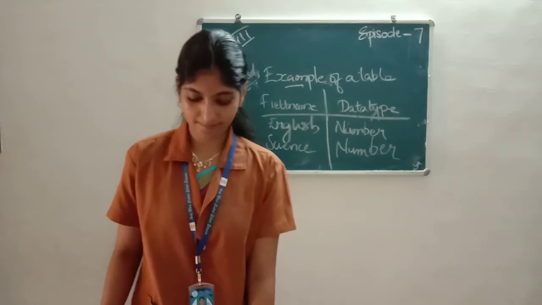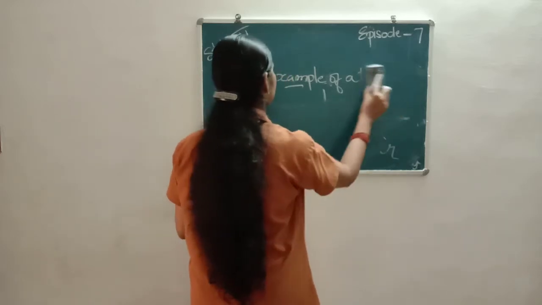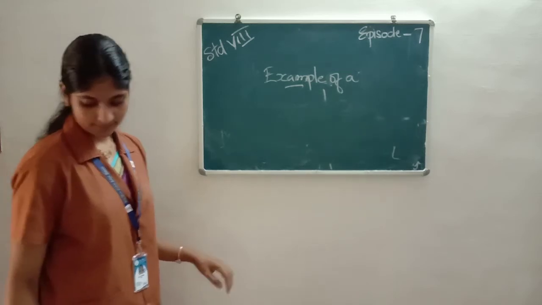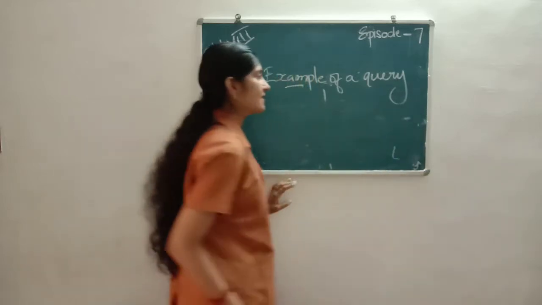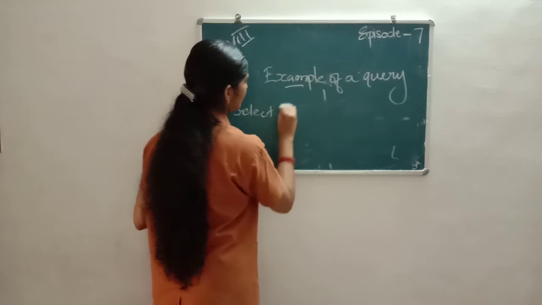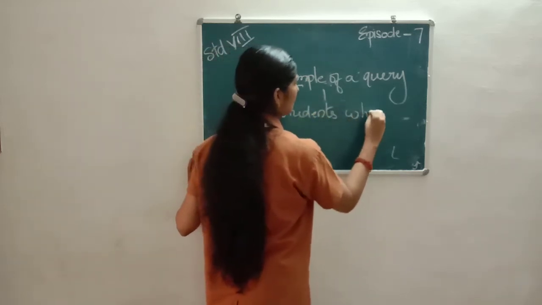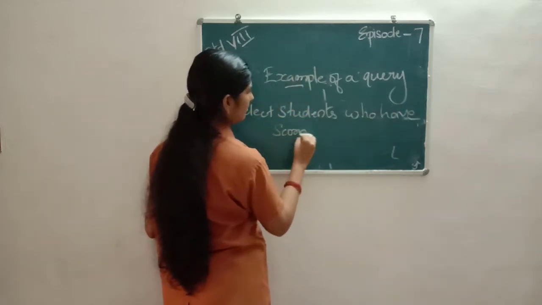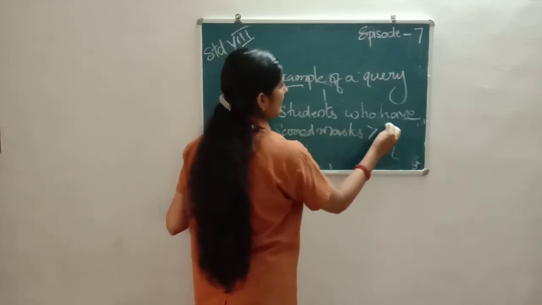Then next is query. Example of a query. Query means, here: select students who have scored marks greater than 80.